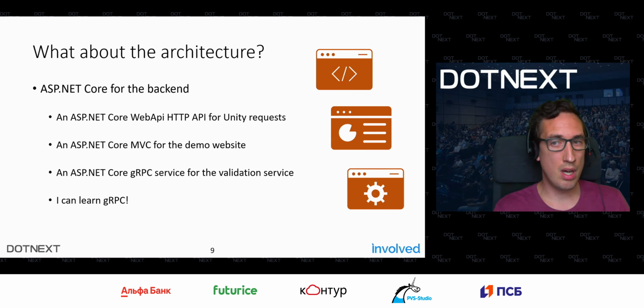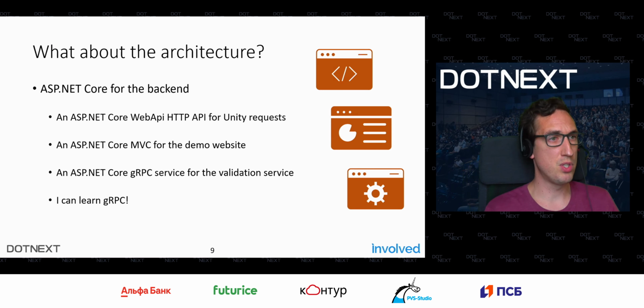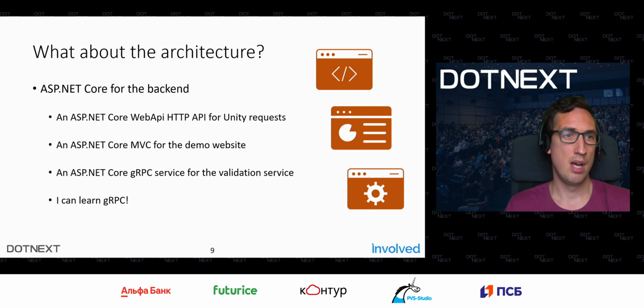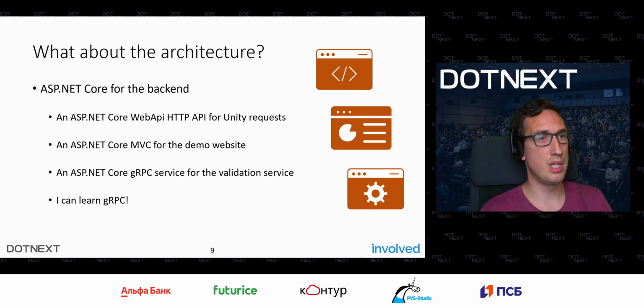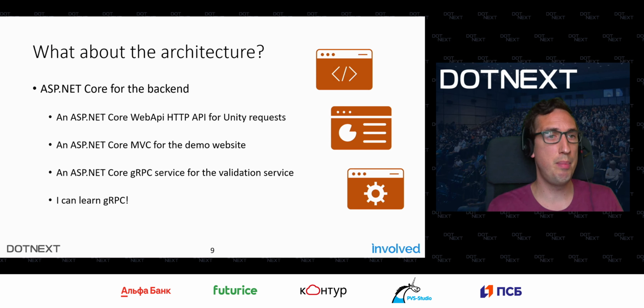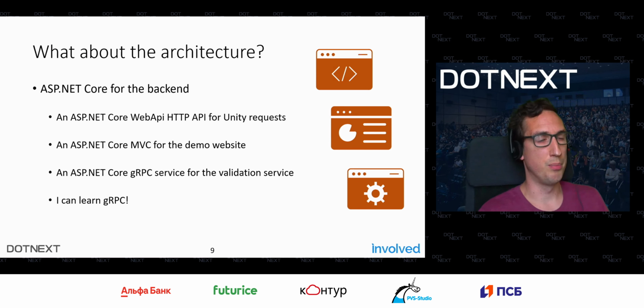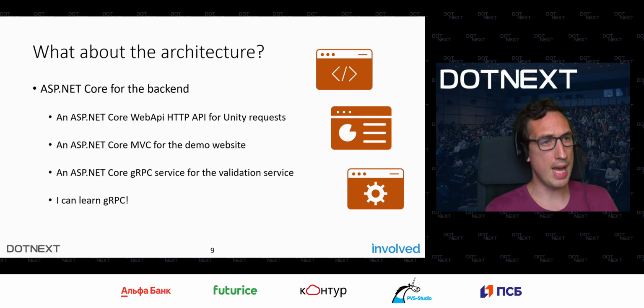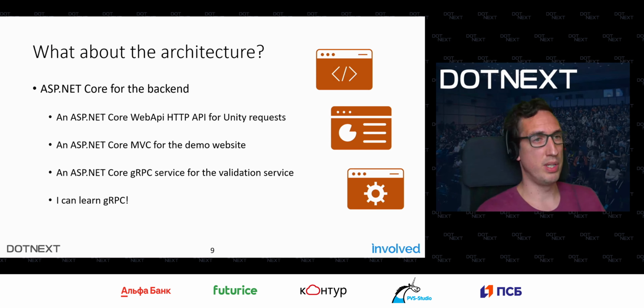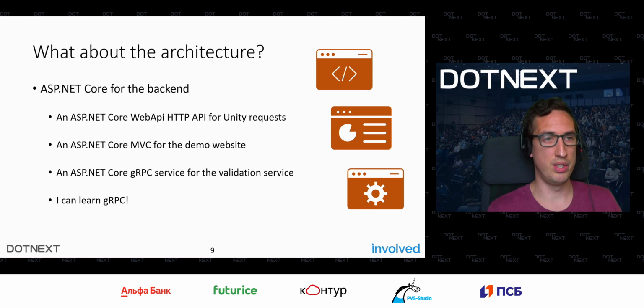The backend uses .NET Core only, so ASP.NET Core to be exact. It has multiple components. It has a web API, HTTP API for the Unity request. So Unity will just call this HTTP API to get the current game state. It has an MVC ASP.NET Core application for the demo website, the one that you have visited to create your robots.